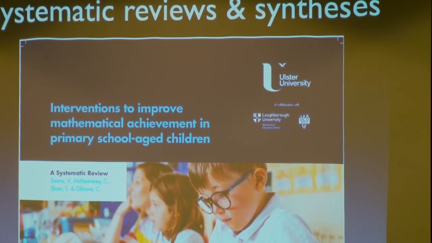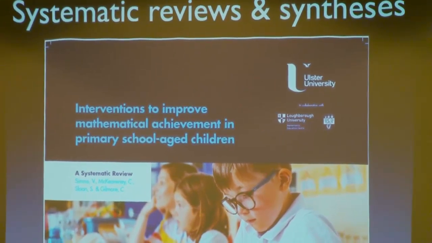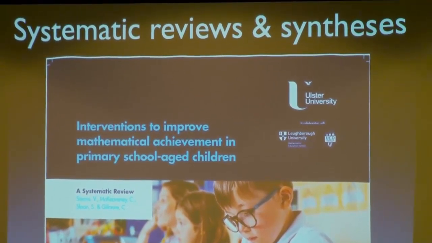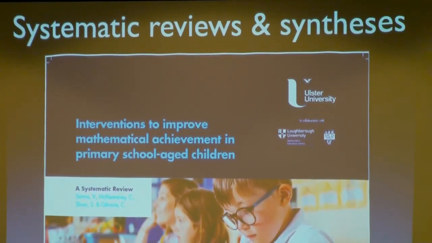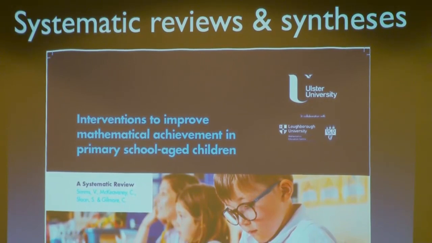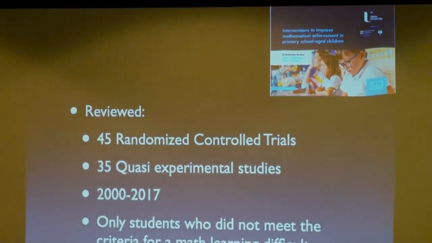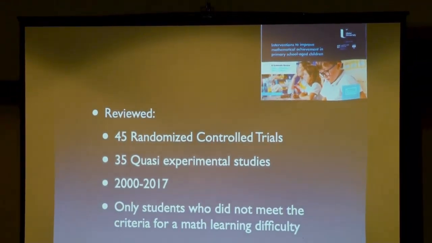This was published, I think, just 2 years ago, and therefore I think is one of the most up-to-date reviews of what we know about interventions to improve mathematical achievement in primary school-age children. This was done out of the UK, but the review, as you will see later, includes studies from across the world. They really try to be inclusive. They reviewed a total of 45 randomized controlled trials that fit their inclusion criterion.